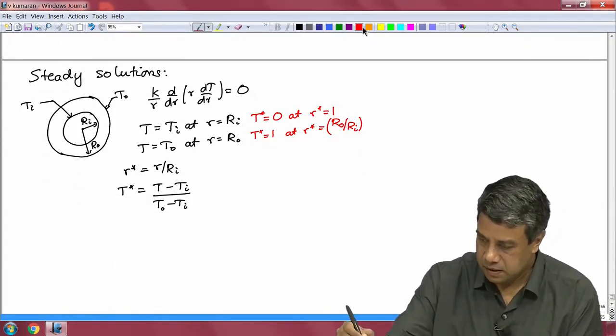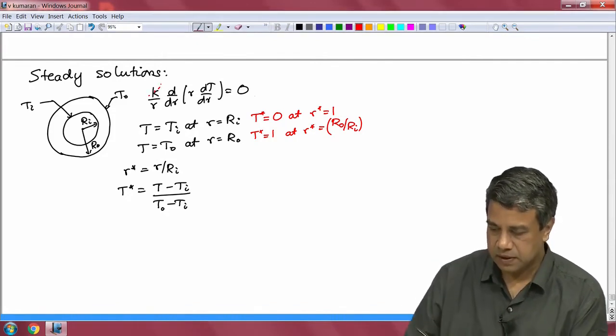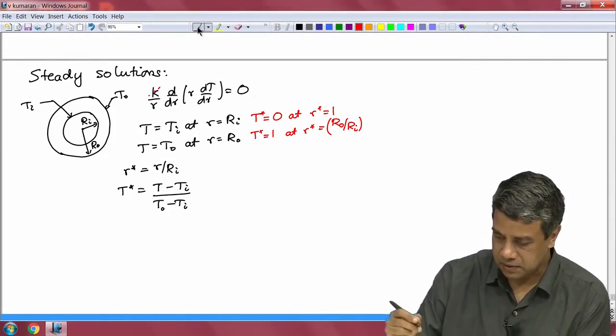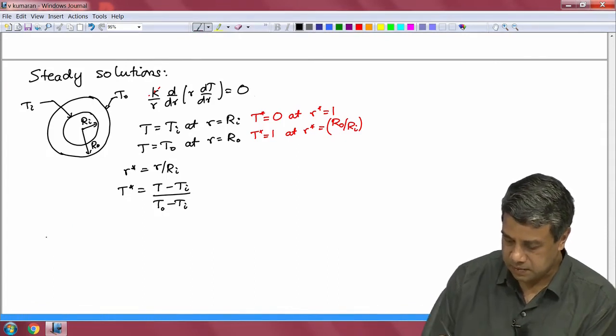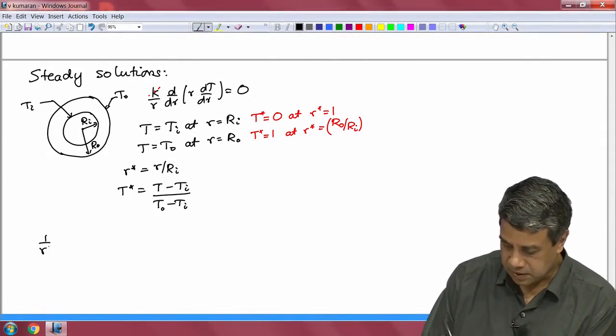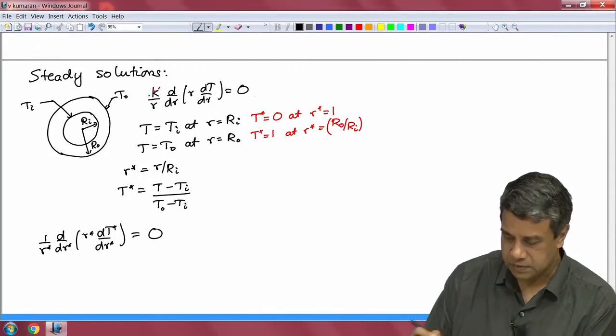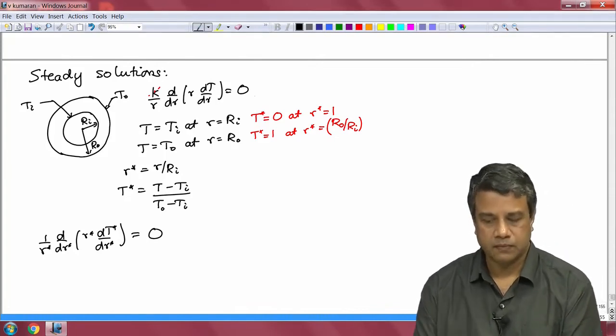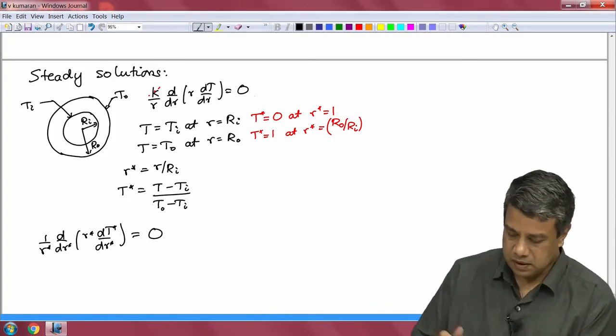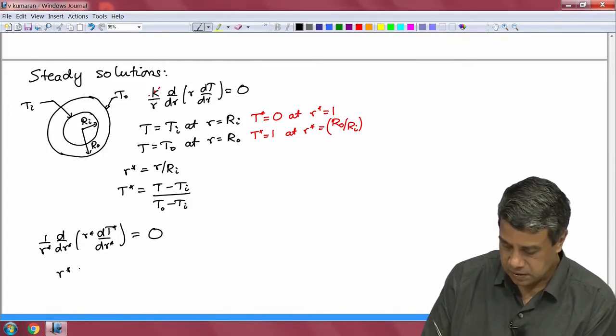Since it is equal to 0, I can divide throughout by k and scale the coordinates, and my equation becomes 1 by r star d by d r star of r star dT star by d r star, and this is equal to 0. Integrated one time, r star dT by dr star is equal to a.